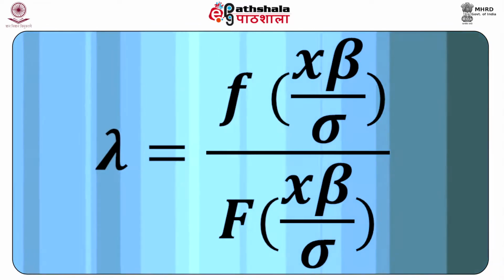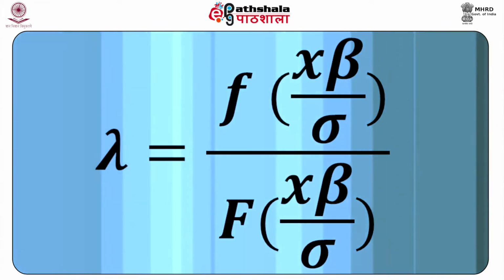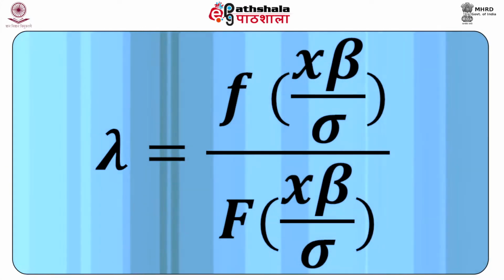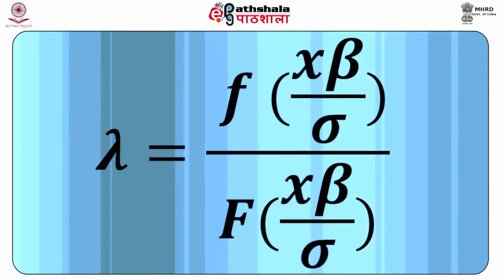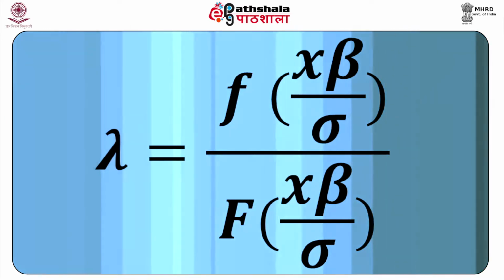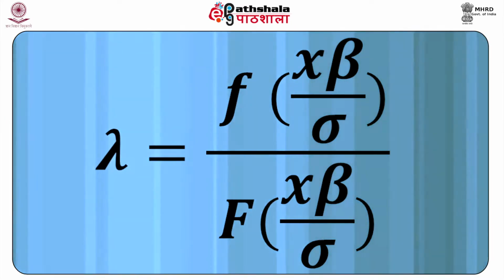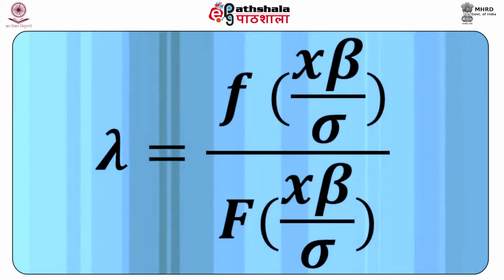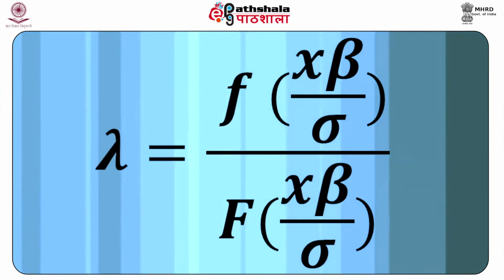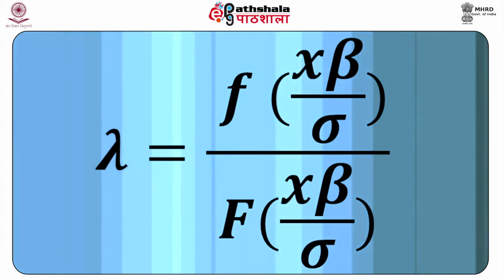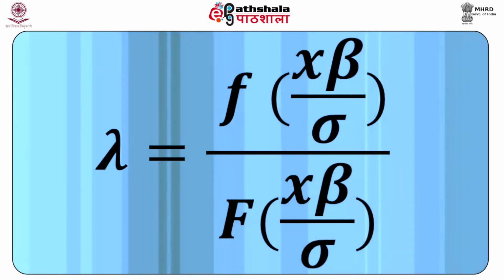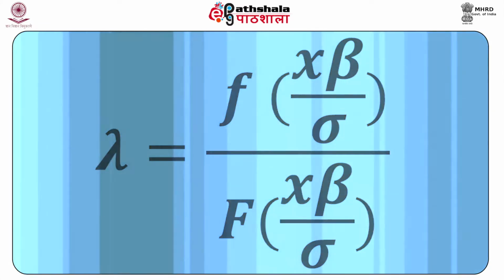Inverse Mills ratio, named after John P. Mills, gives the ratio of probability density and cumulative density, and can be defined as lambda is equal to f of x beta upon sigma, divided by capital F of x beta upon sigma. Again, let me repeat, small f is the density function and capital F is the cumulative density function.